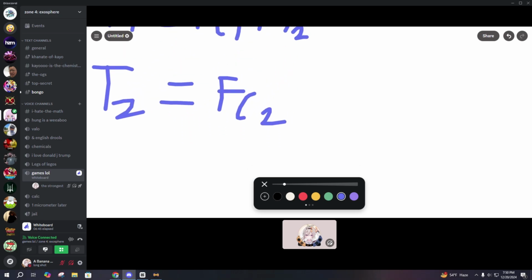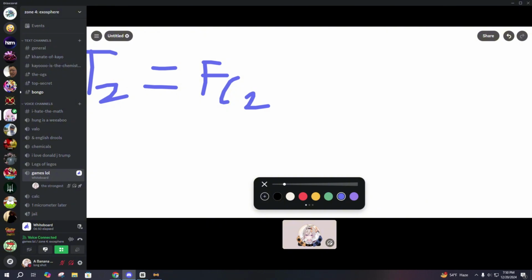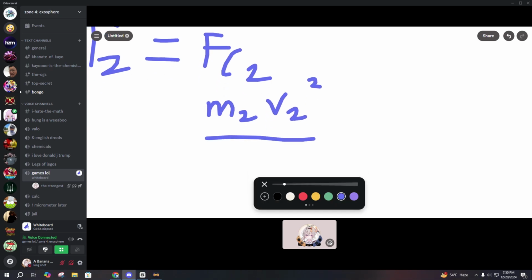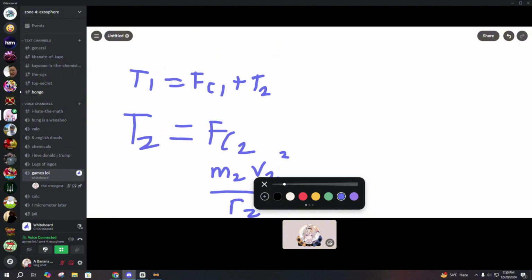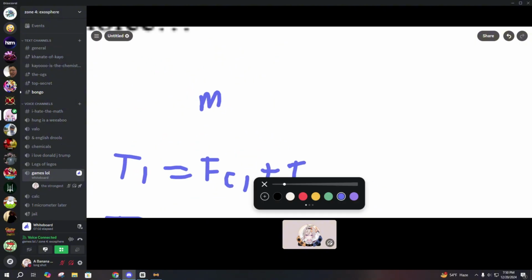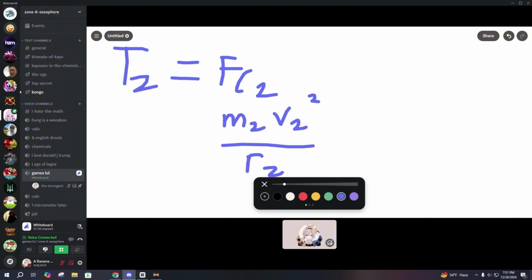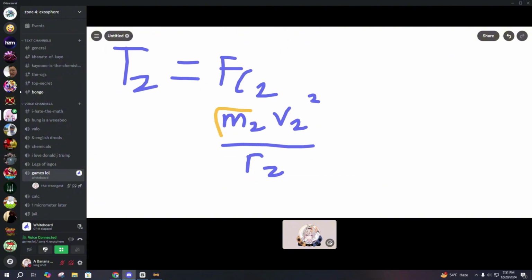Well, I know centripetal force is mv squared over r. And then FC2, with respect to mass 2, would just be m2 v2 squared over r2, right? And then same thing with FC1, m1 v1 squared over r1. Now let's look at it. You see, mass is a component of this.